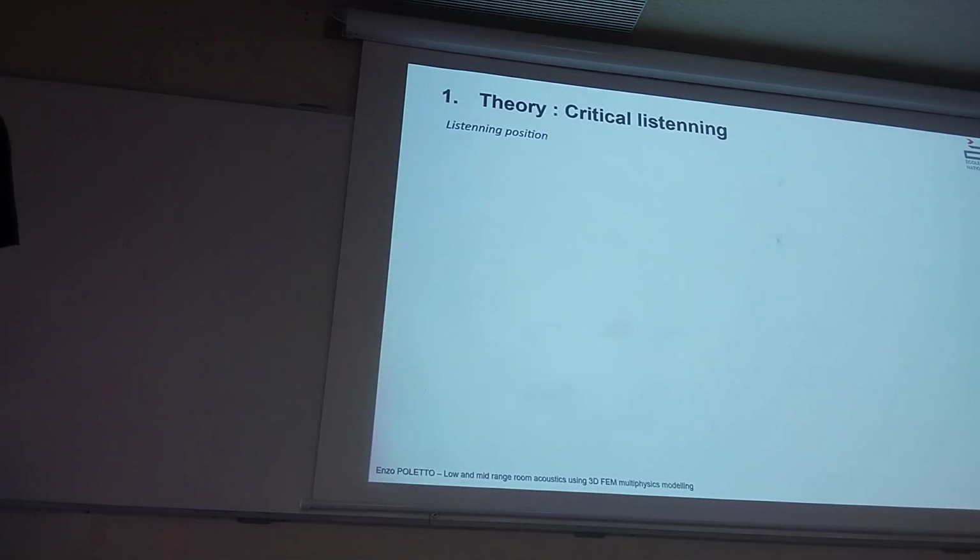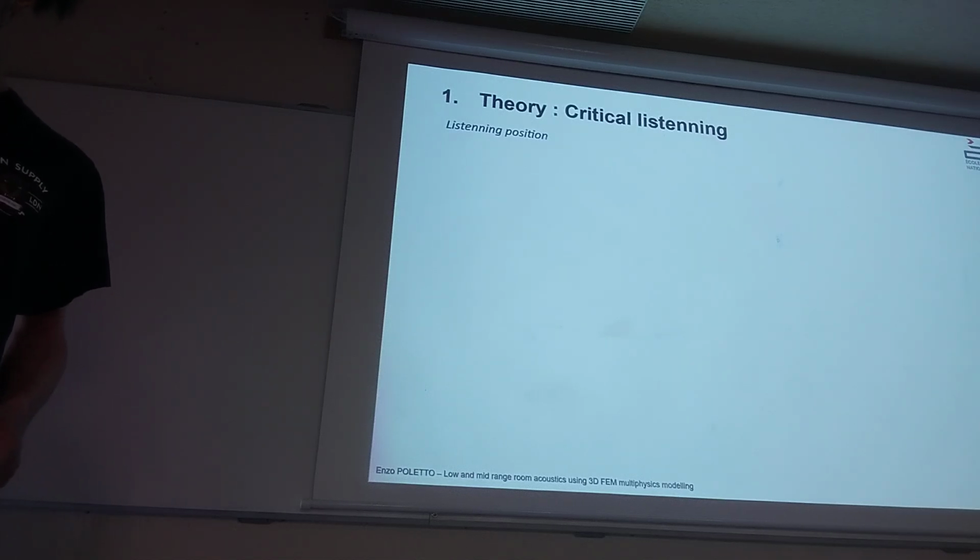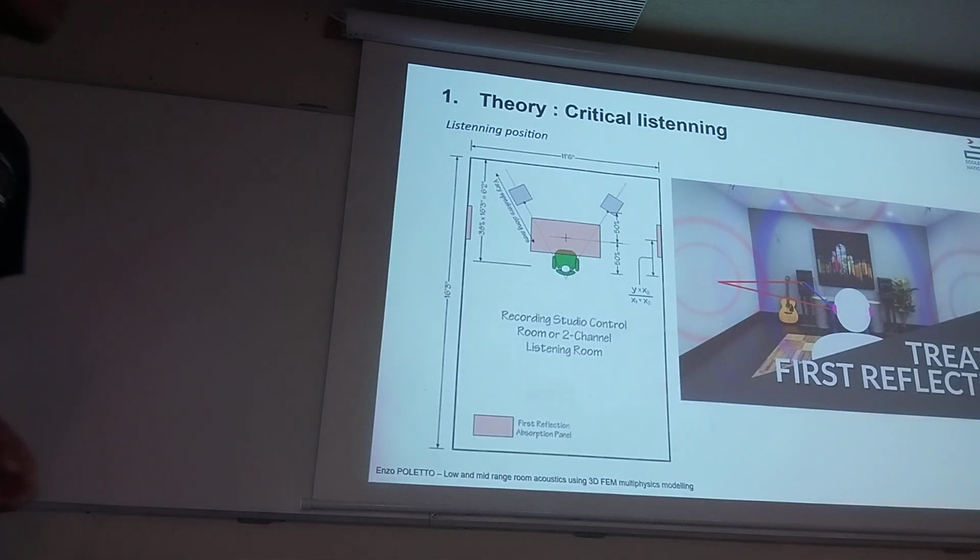Then about the listening position. One very important thing to consider is to be equidistant from the speakers and from the side walls. That's one thing to respect every time. And we have something called the first reflection.